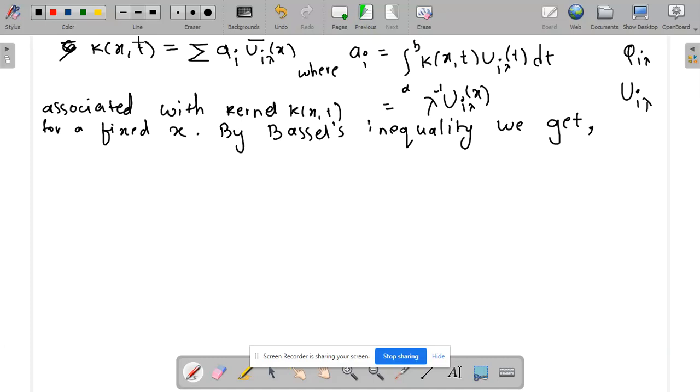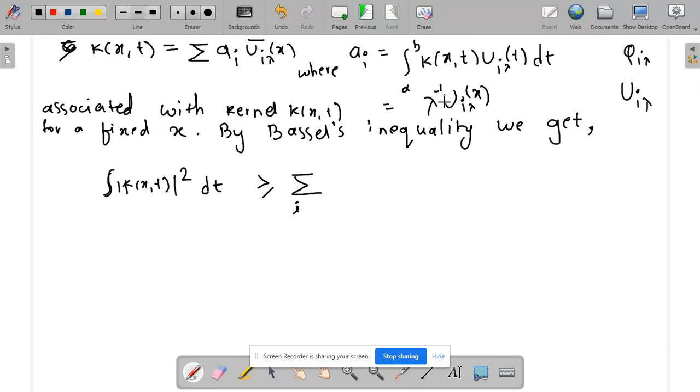The norm of this squared, so the norm of this quantity squared will be the integral of k(x,t) squared dt. That will be greater than or equal to whatever these coefficients are, so the mod of that, and this ai is nothing but this. So that will be the summation running over i of the mod of that.